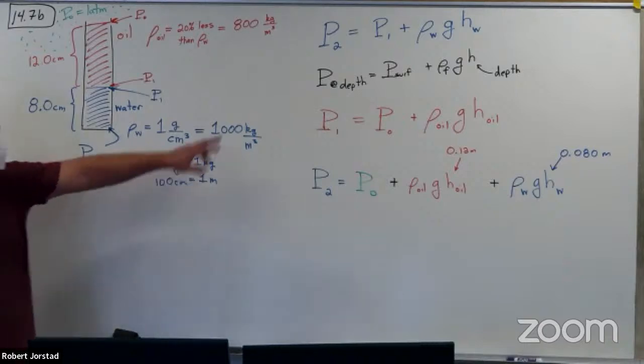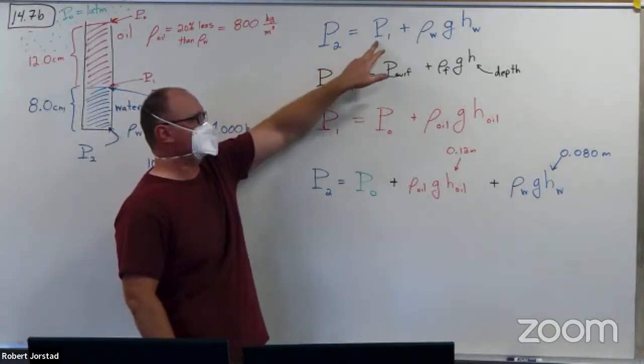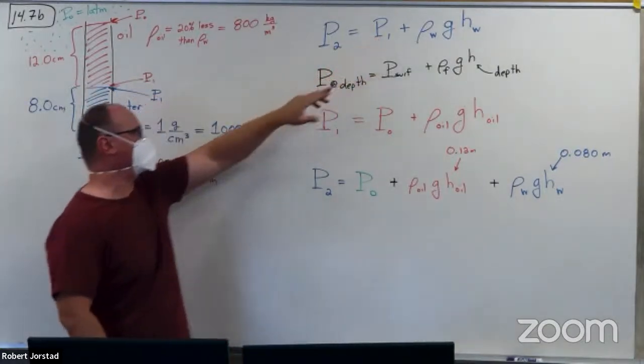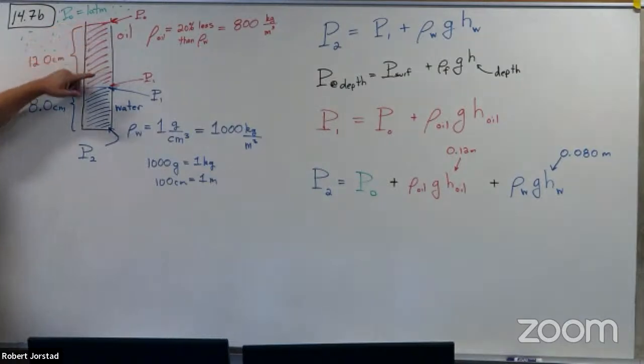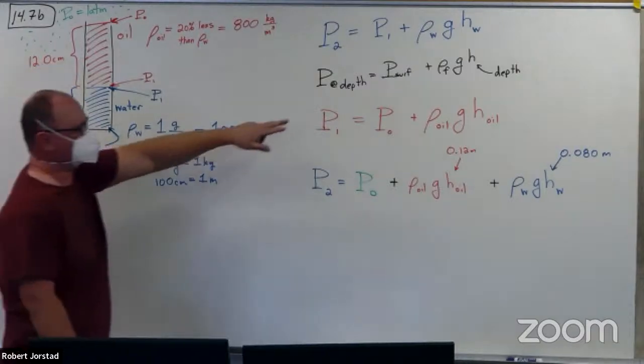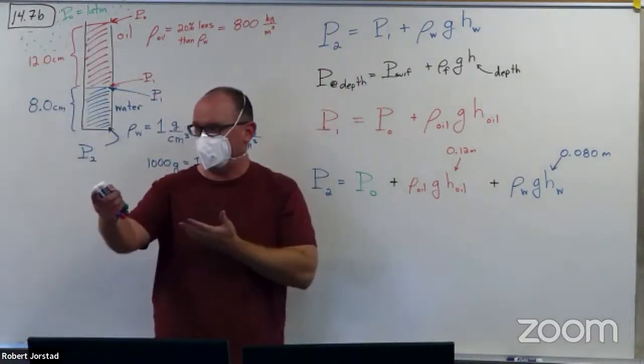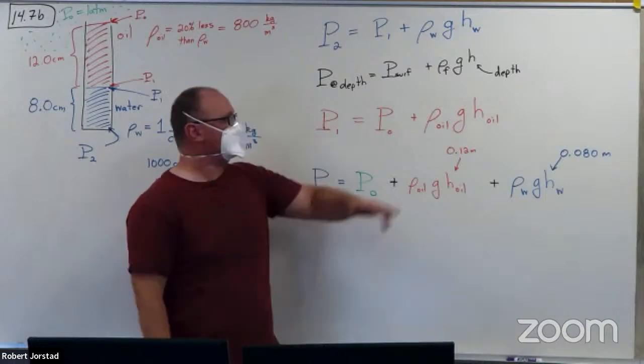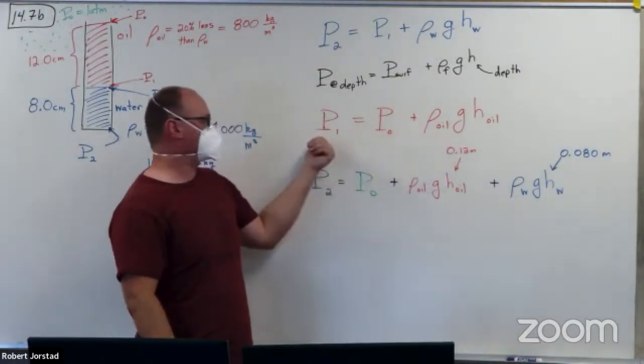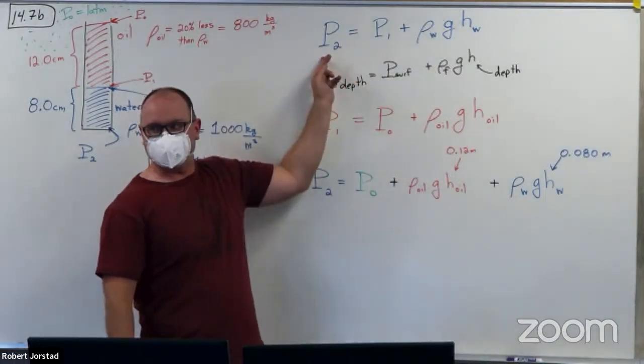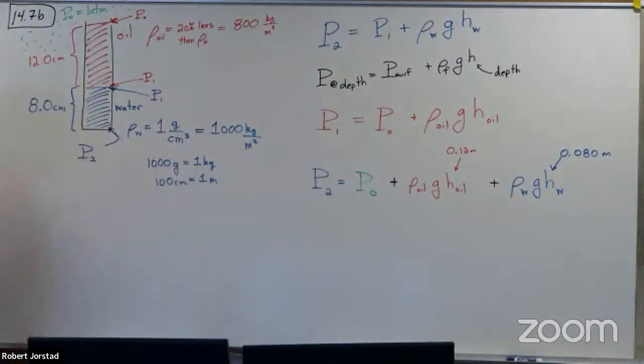So remember, in this equation here, what are we saying? You've already accounted for P1, right? The oil is going to affect P1. And so then we start over at this and say, okay, now P1 is here. So notice it's P1, and obviously the height of the oil column does matter, right? The more oil you have, the bigger P1 is, the bigger P2 is. Where it's green, P not, is that supposed to be? That's from the atmosphere, right?